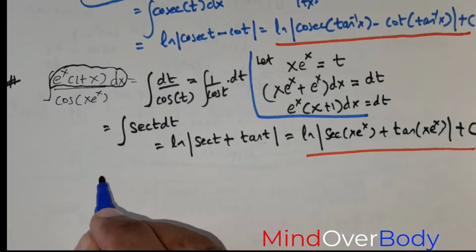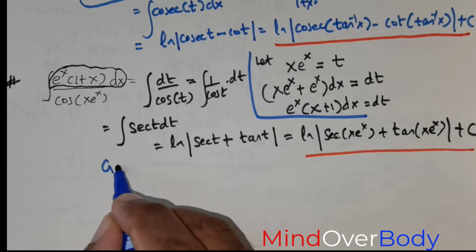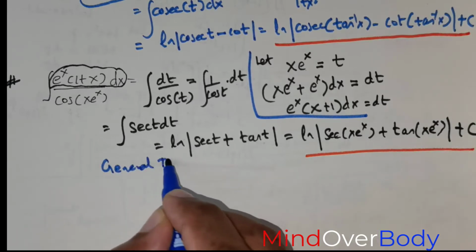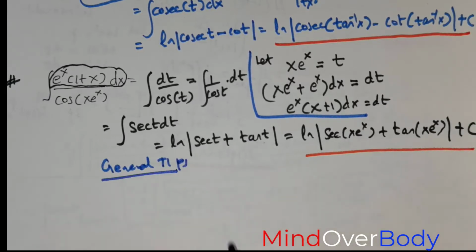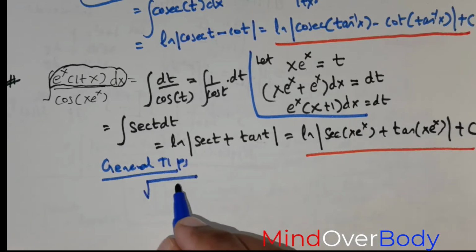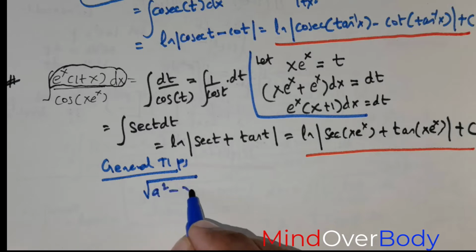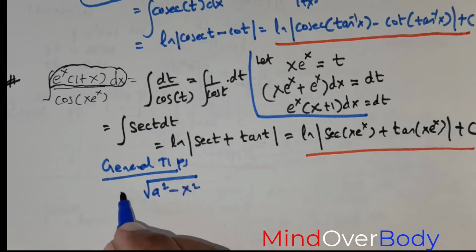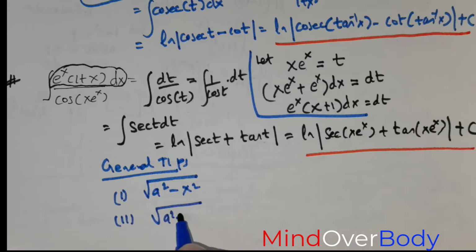Students, now I wish to give you some general tips for substitution. Now whenever you are given questions like this: square root of a squared minus x squared, question 1. Question 2, square root of a squared plus x squared.